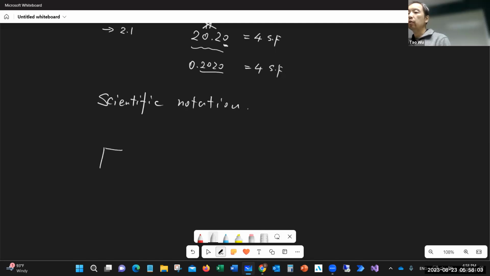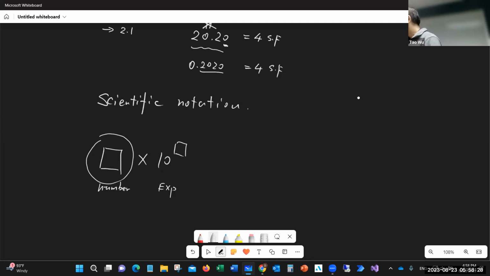Generally, scientific notation includes 2 parts. The first part is called the number part. The second part is the exponential part. So in most cases, if you count the sig figs of a scientific notation, you only count the number part. Don't have to worry about the exponent.